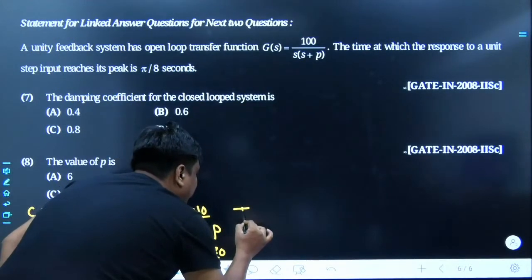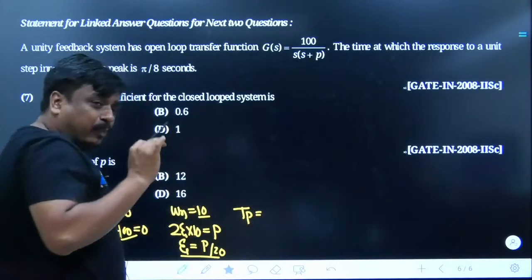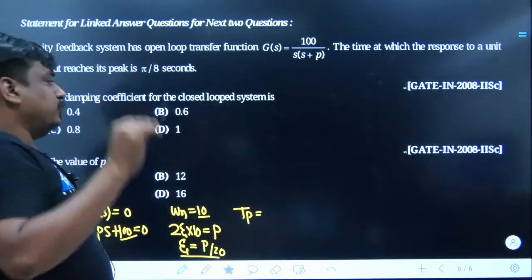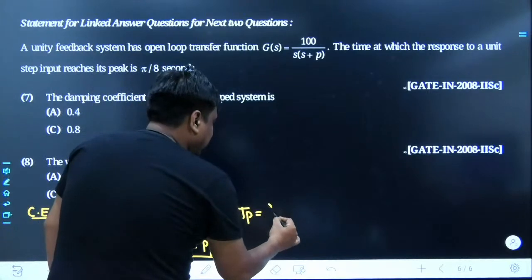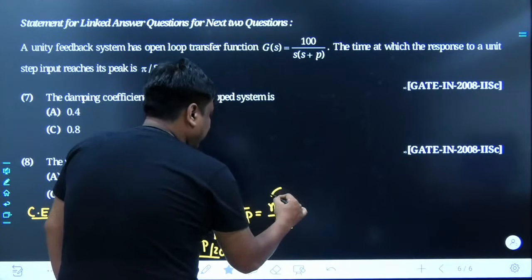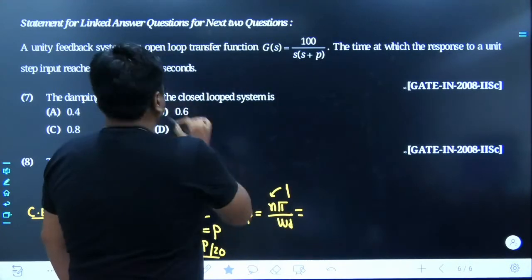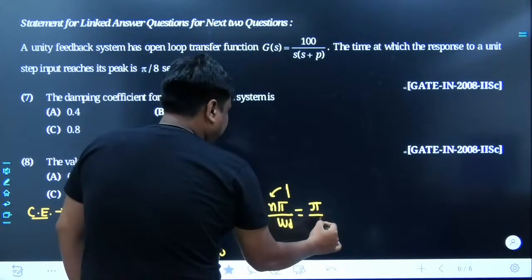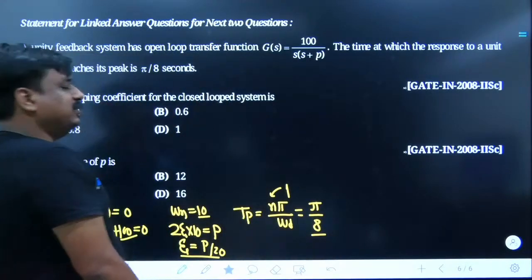How is it defined? It is defined as the peak time. The peak value would occur at the first overshoot itself. So here it becomes n pi divided by omega d, where the value of n is 1. This value is given as pi by 8. Probably everything is known in our hand, no? Everything is known.